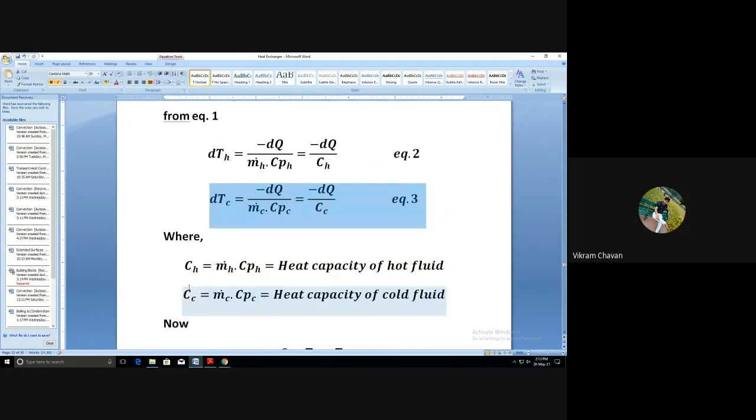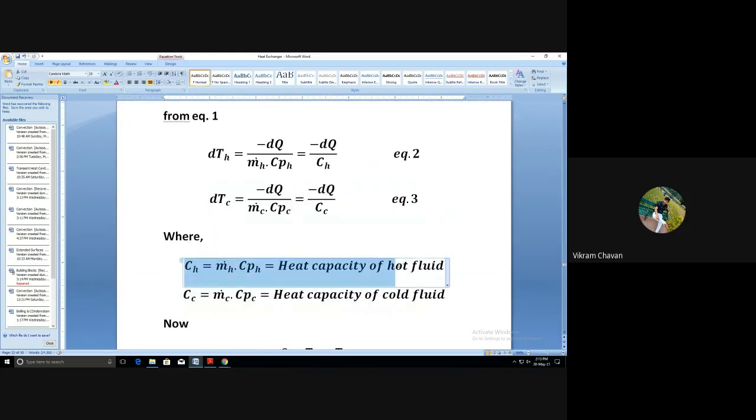Where ch is equal to m dot h multiplied by cph, which is the heat capacity of the hot fluid, and cc is equal to m dot c multiplied by cpc, which is the heat capacity of the cold fluid.